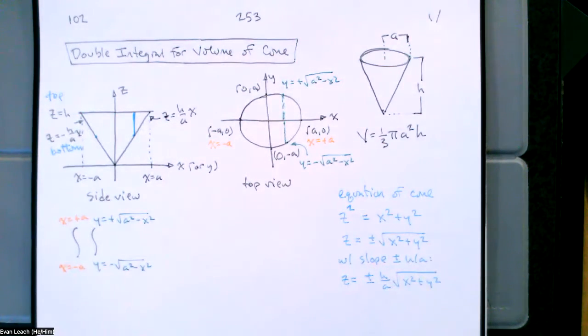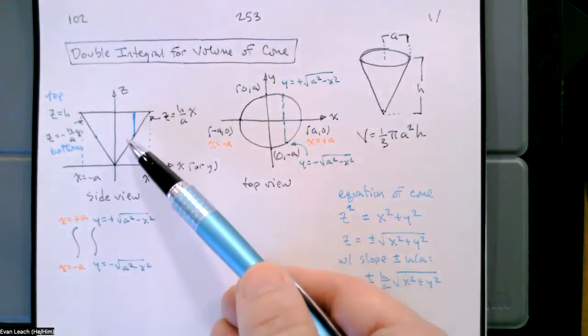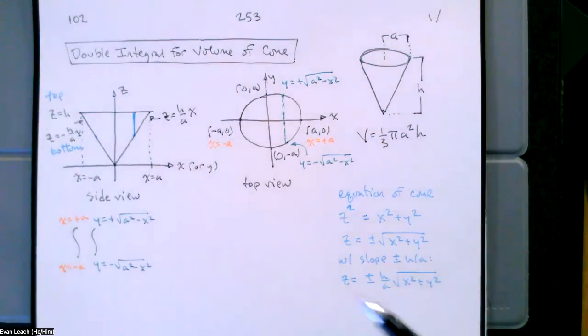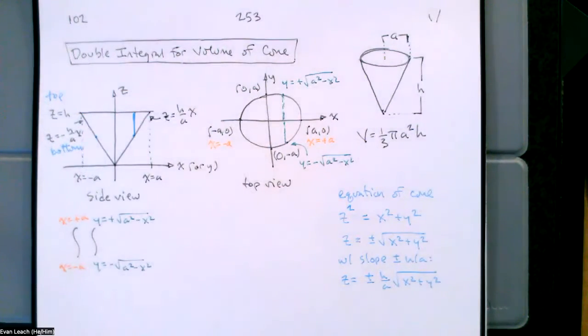So what we want is the top to be this line z equals h and the bottom to come from this cone. Since we're looking at values of z that are above the xy plane, I want the positive square root. Since this is going inside the function that we're integrating, we'll take the top minus the bottom.